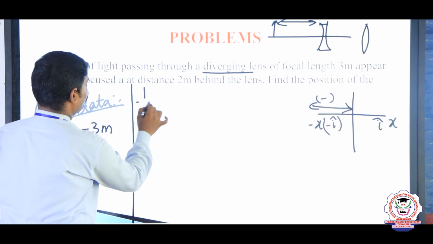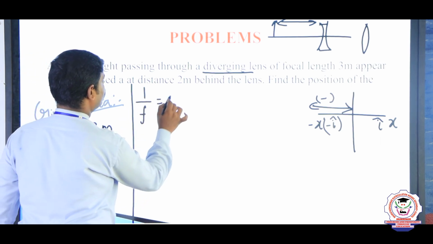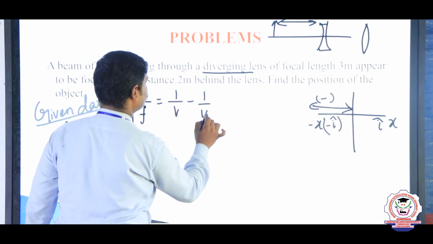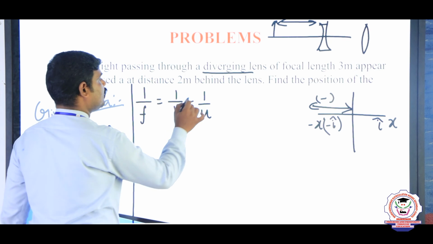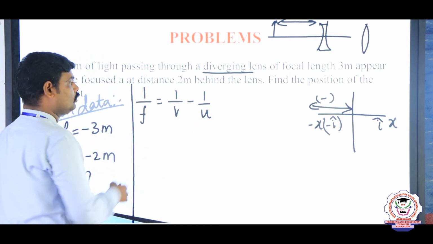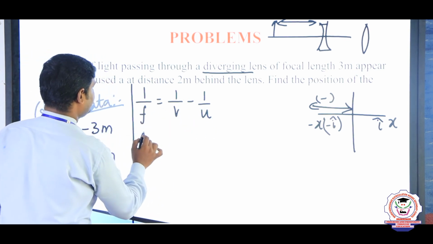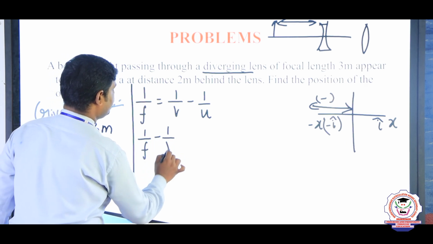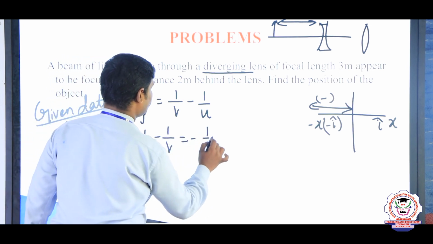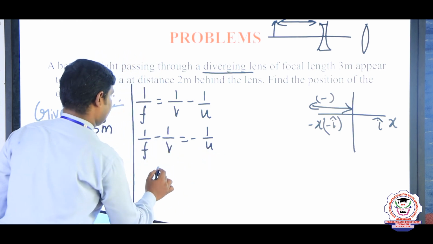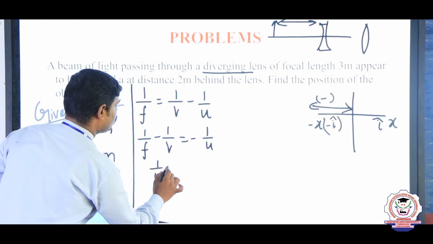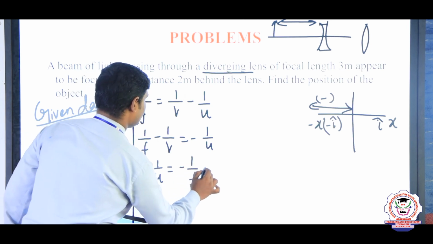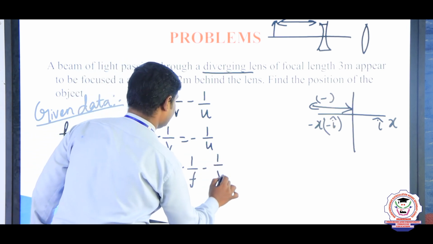Now, you substitute in the formula. The formula is 1 by f is equal to 1 by v minus 1 by u, but 1 by u is the unknown value. So, 1 by f minus 1 by v is equal to minus 1 by u, or you can take 1 by u is equal to minus 1 by f plus 1 by v.